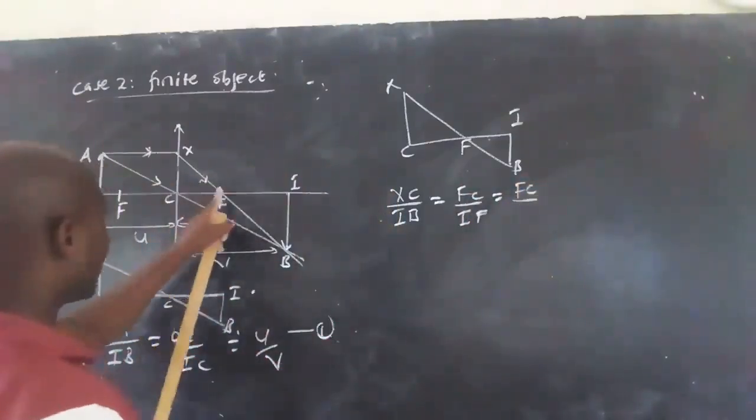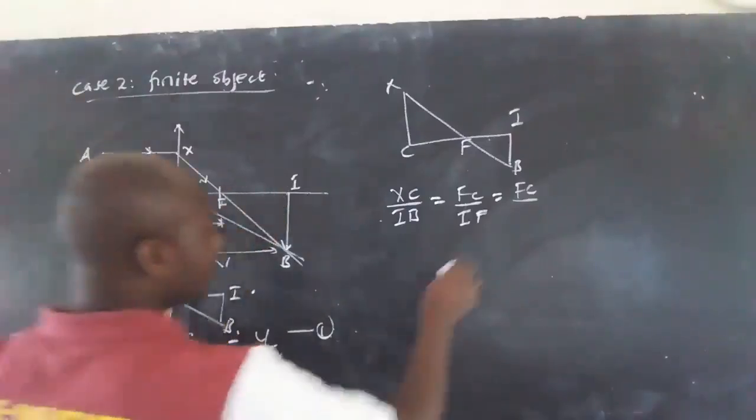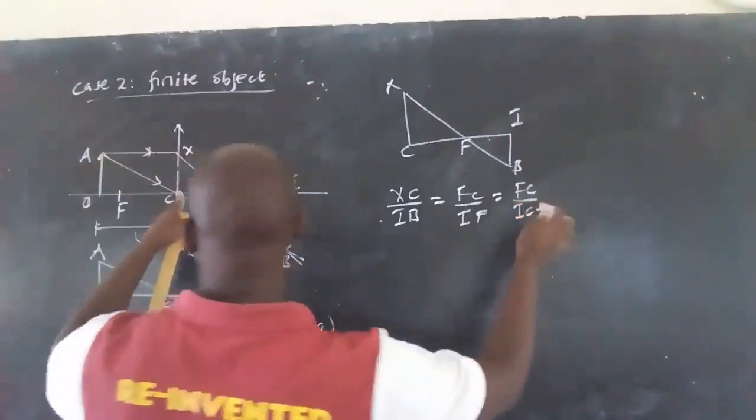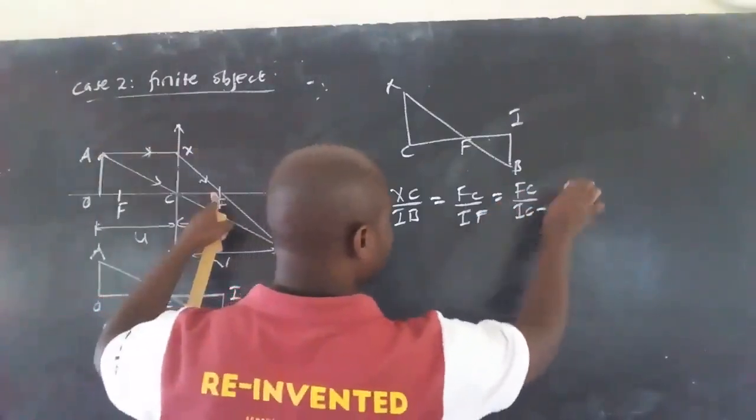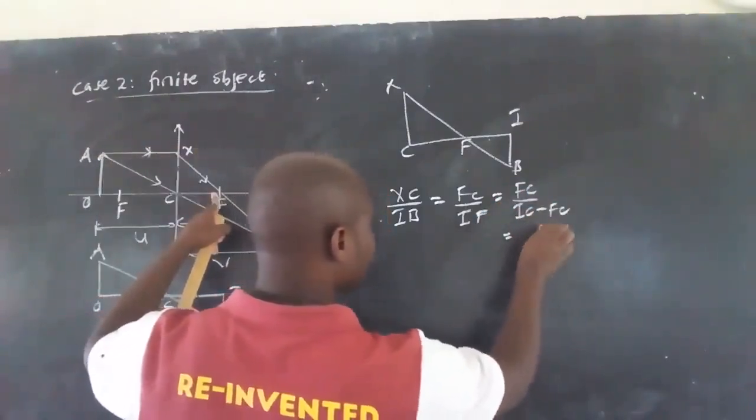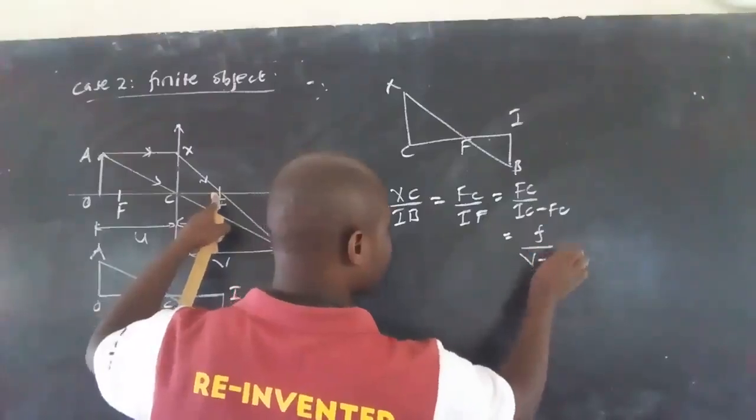How do we get IF? IF, we can say it is IC minus FC, which gives us F over V minus F.